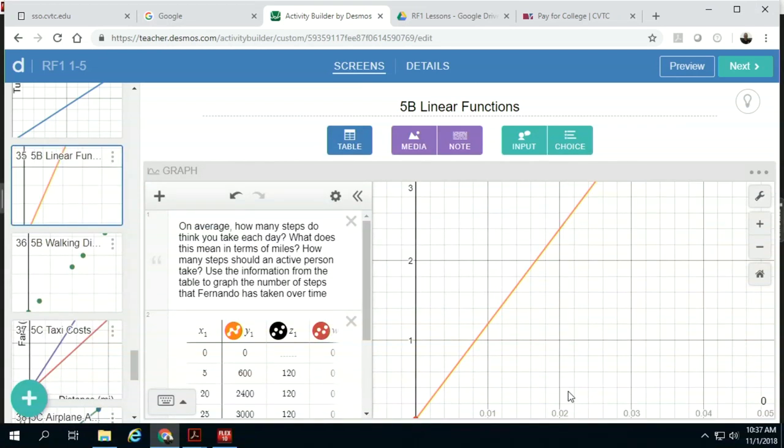Okay, so I wanted to show you something that is absolutely crucial to understanding functions. We showed this to be a line on here, correct? Here is 0 steps. Here is 1 step. The line makes it seem as though you can take 0.5 steps, 0.2 steps, 0.4 steps, 0.6 steps.